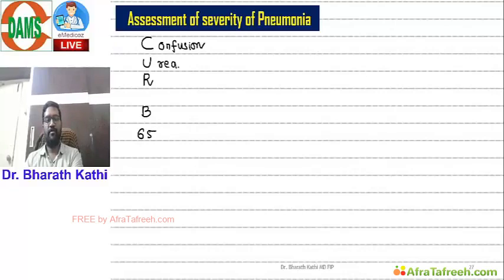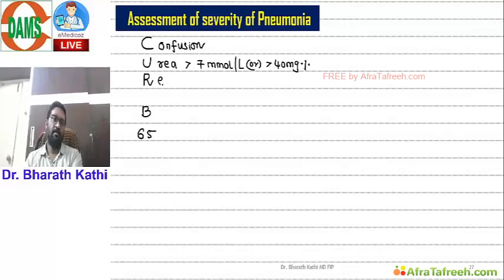U stands for blooduria, more than 7 millimole per liter, or in terms of Indian units, more than 40 mg%. R for respiratory rate, more than 30 per minute.